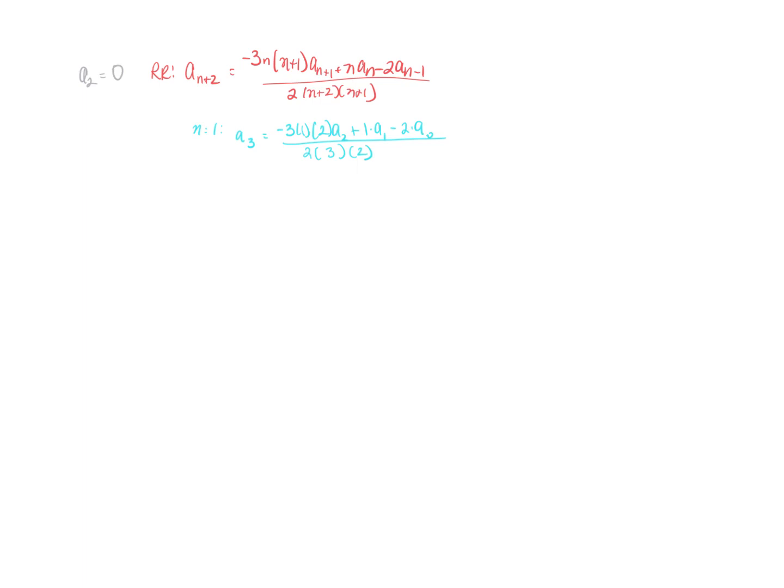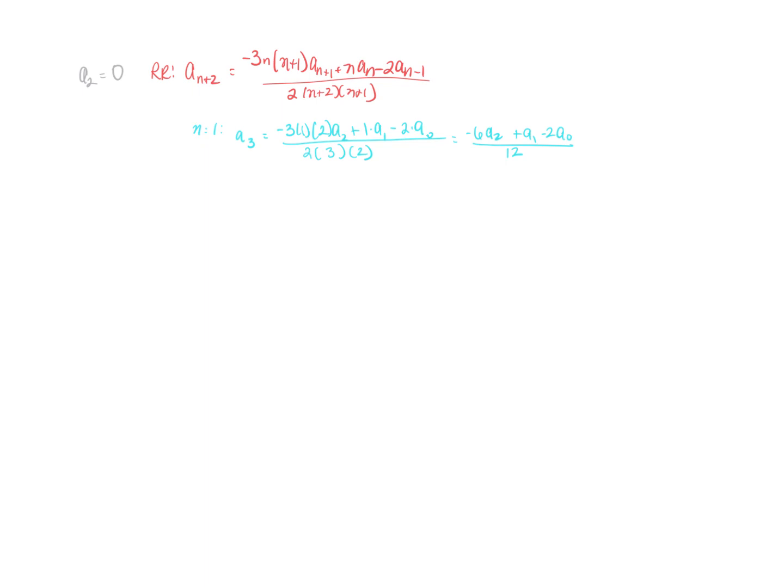So we end up with negative 6a2, which is 0, we'll get to that one, plus a sub 1 minus 2a naught, all over 4 times 3, which is 12.